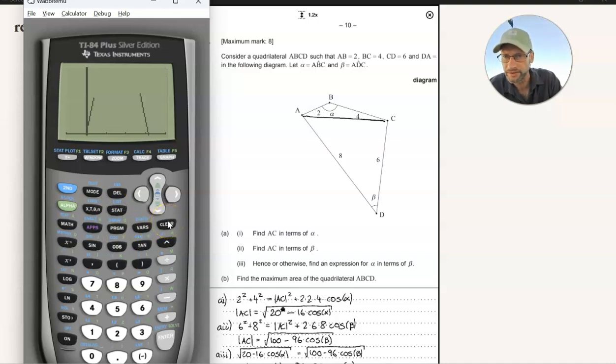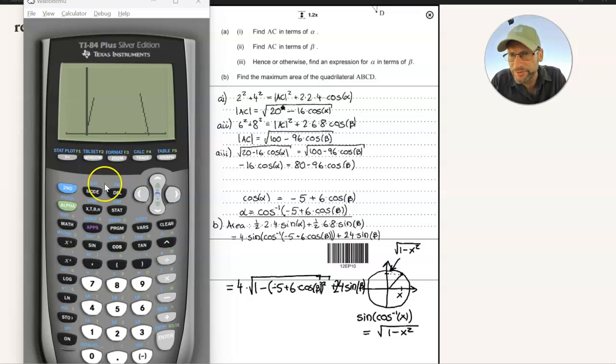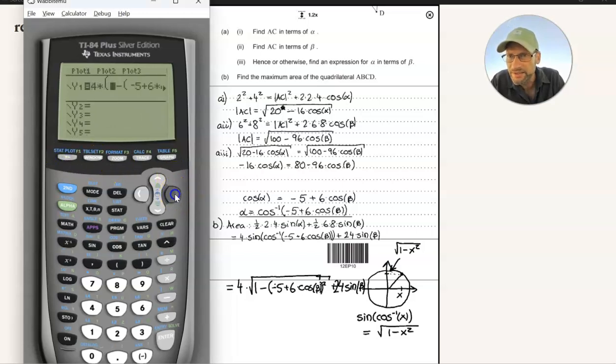Wait a minute. Something is wrong. It looks as if my function is not being defined in this area here, so I probably typed something wrong. So 4 times a really big bracket that gets raised to 1/2. Inside that really big bracket, I have 1 minus, oh, wait a minute, the square. Oh, there's a bracket missing.